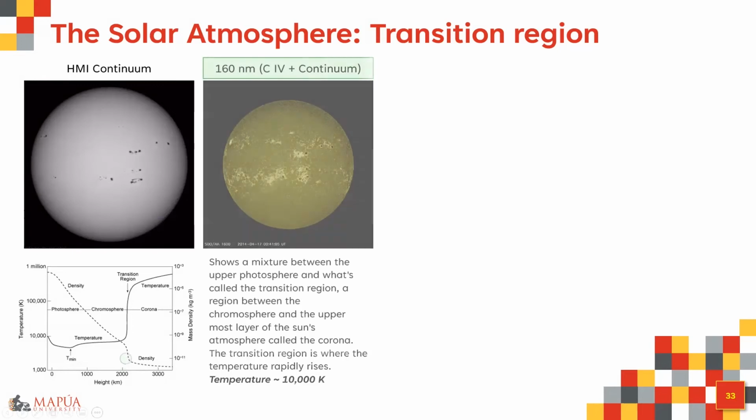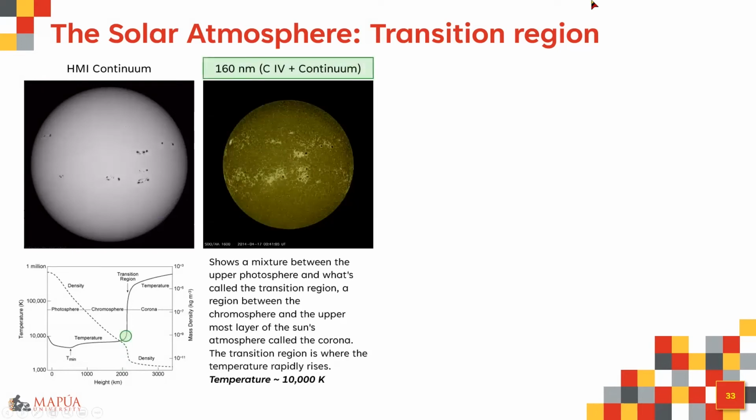At this wavelength, this is the carbon 4 plus continuum region, 160 nanometers. So continuum is for the photosphere, and this is for the transition region. What do we mean by this? This figure shows a mixture of light coming from the upper photosphere and the transition region.